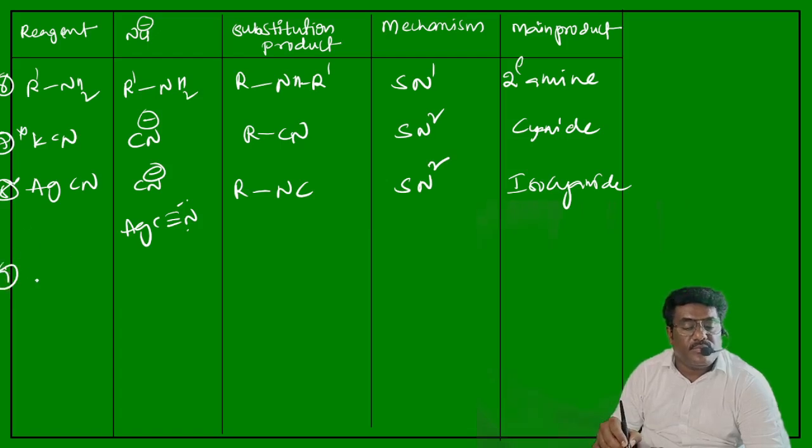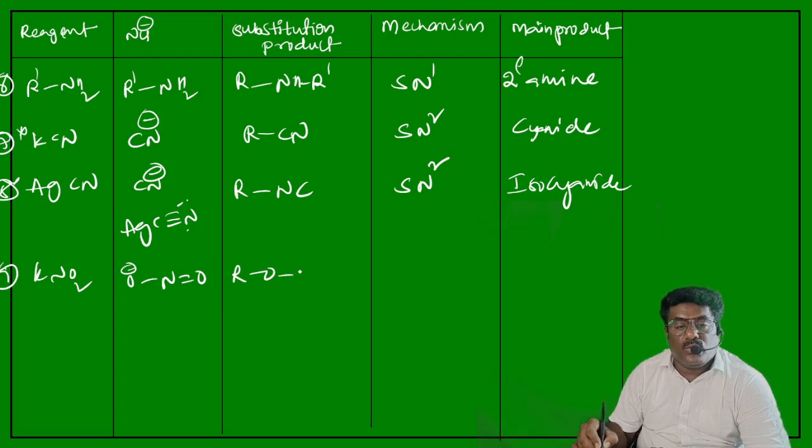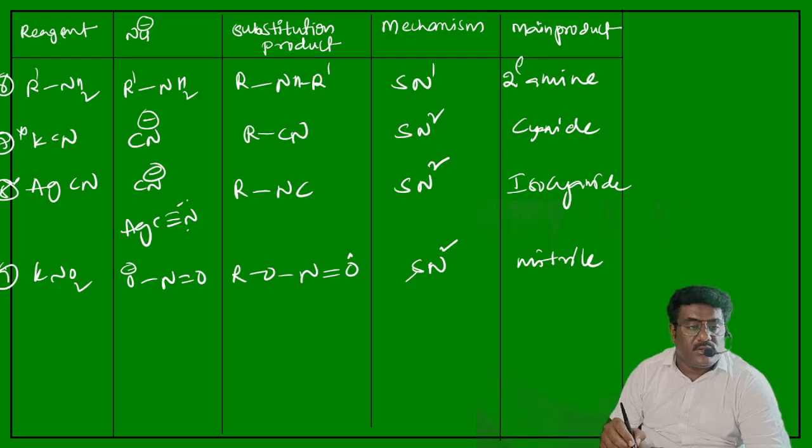Next one, KNO2. It is O=N–O minus. What is the product? RONO. It is an ionic donor, so it undergoes SN2. It gives the nitrite product.